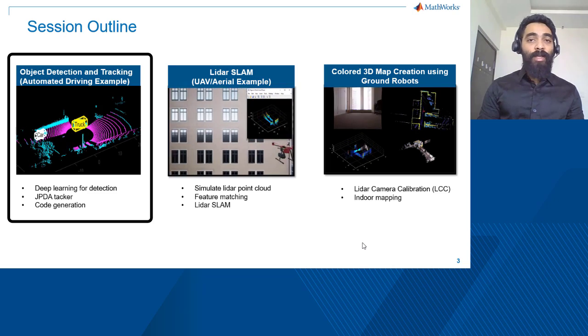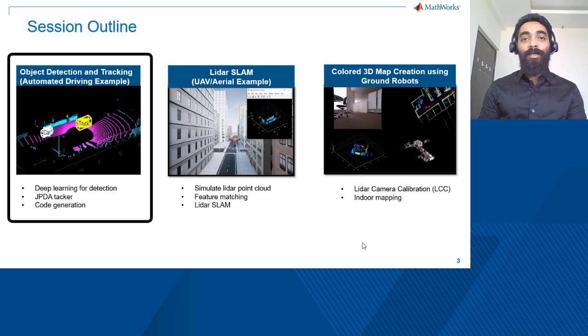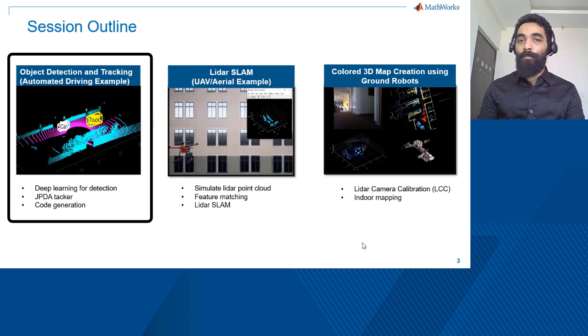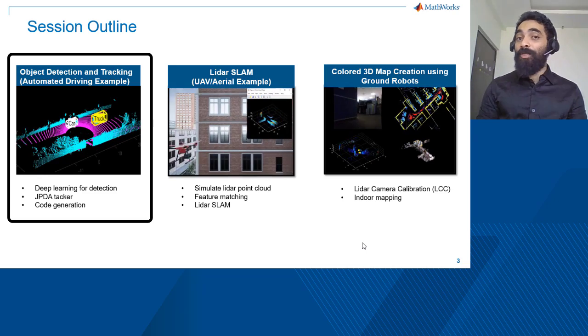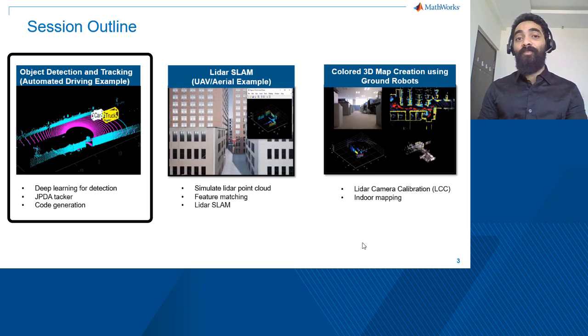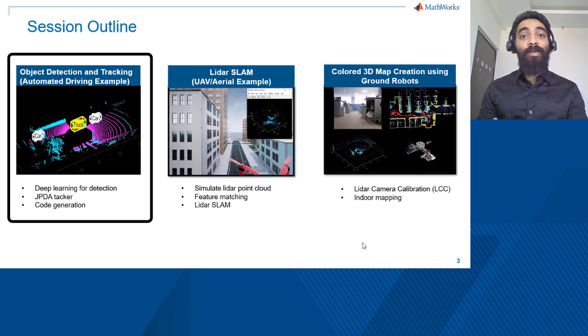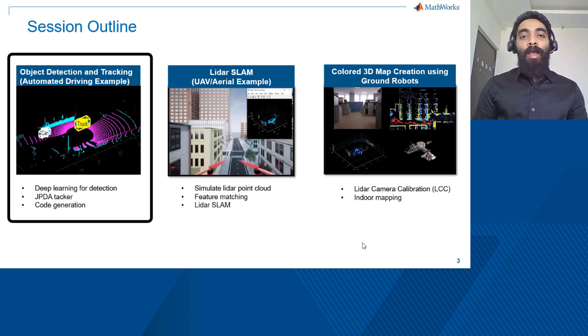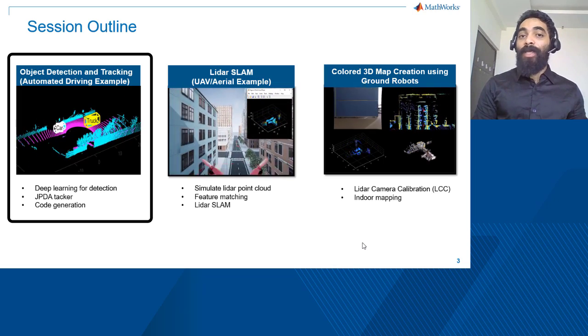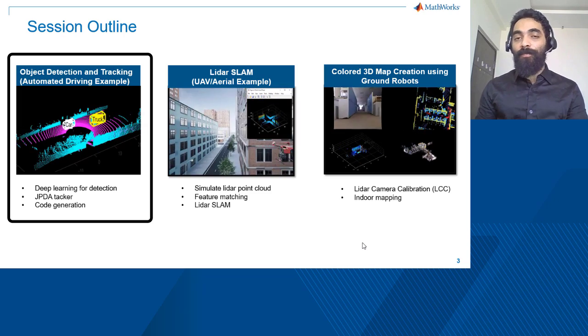This uses real-world data to track cars and trucks from an entire point cloud sequence collected from an ego vehicle. We'll see how to use deep learning based approach for object tracking, and then we'll track our objects using a JPDA tracker. As a final step, we'll generate C code for this algorithm that can be deployed into production.